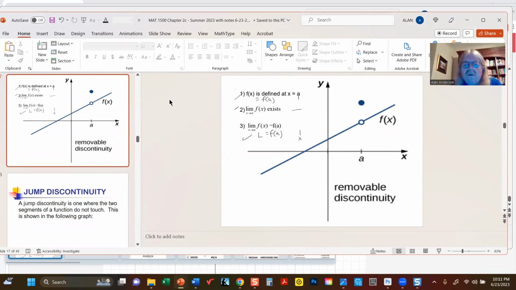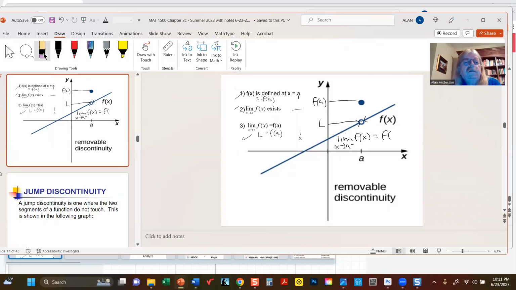All right, so what's the problem here? F of a, rather, is defined, so the first one is okay. The limit exists because you can see that the limit as x approaches from the left, we'll call this L, equals the limit as we approach from the right, and we're going to call that value L. Here's what the problem is.